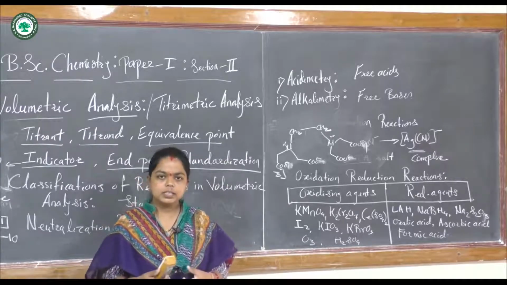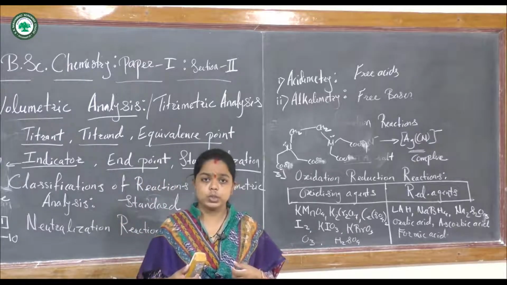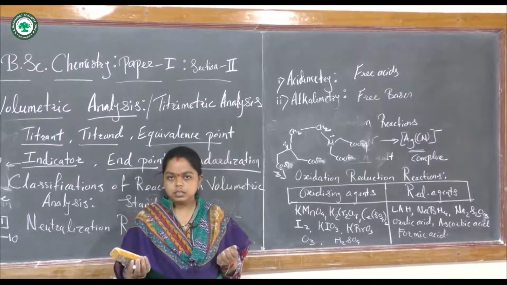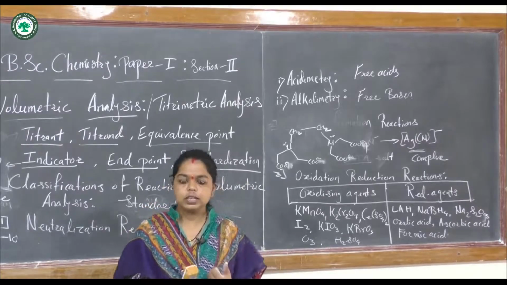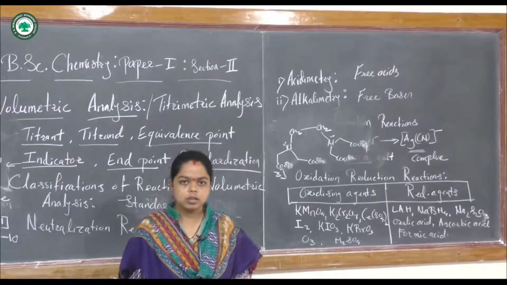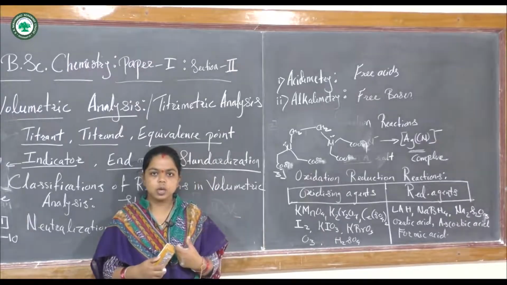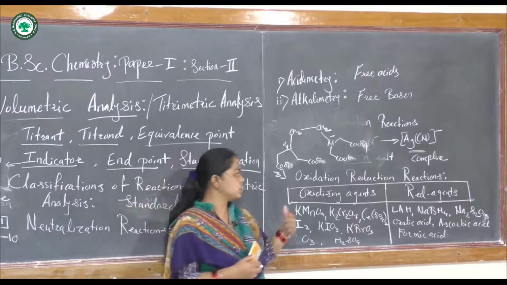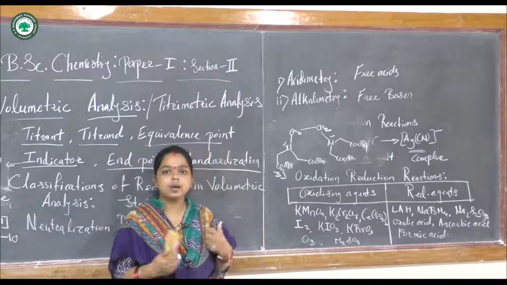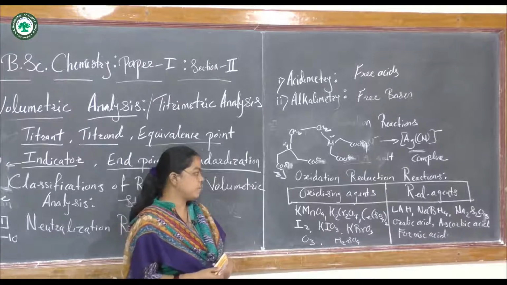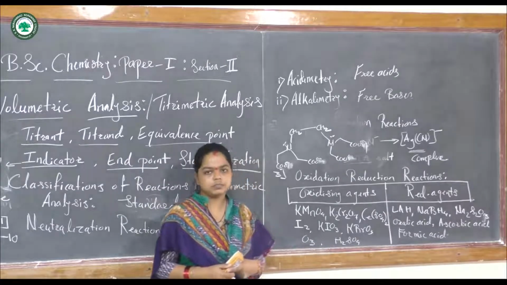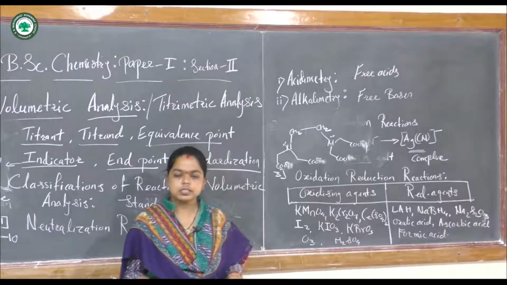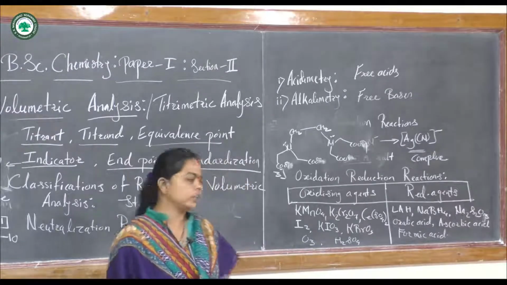So when in two different solutions there is a transfer of electrons, either gain or loss of electrons, or simultaneous gain and loss, it is called an oxidation reduction or redox reaction. In this type of reaction the oxidation state of the element changes.